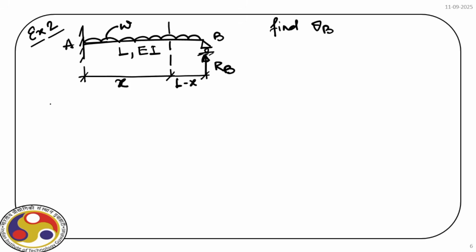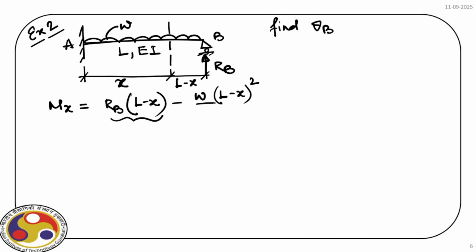Now we can find out Mx, which is equal to RB times L minus x, minus, because this is a sagging moment, minus we have omega L minus x whole square divided by 2.